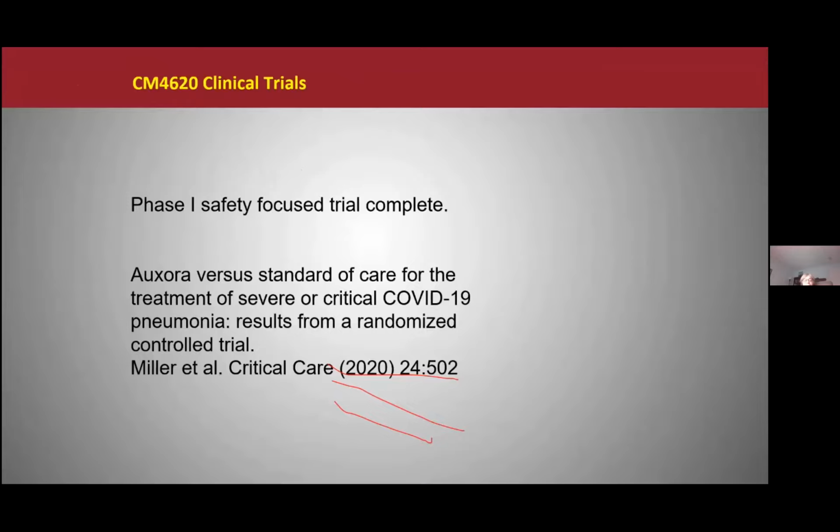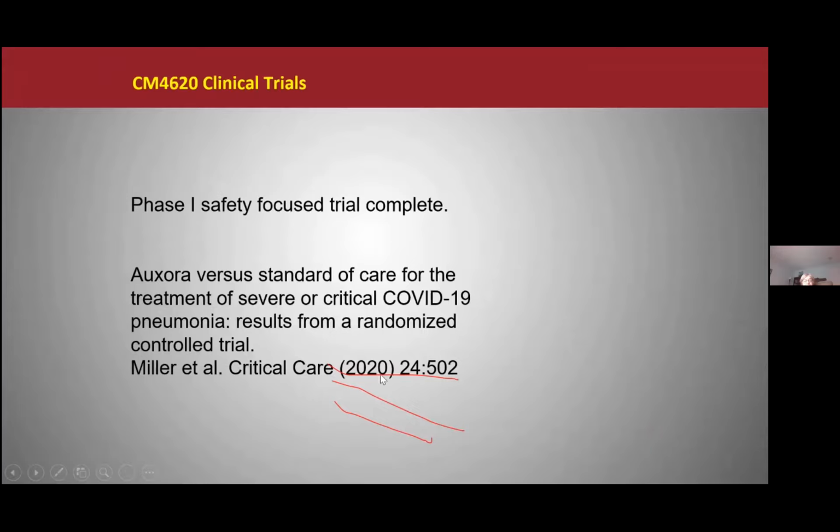However, they were sidetracked by the COVID pandemic and had the opportunity to use this agent, called Auxora, in a trial published recently. They used Auxora versus standard of care for the treatment of severe or critical COVID-19 pneumonia in a randomized controlled trial, reported in this paper that just came out.